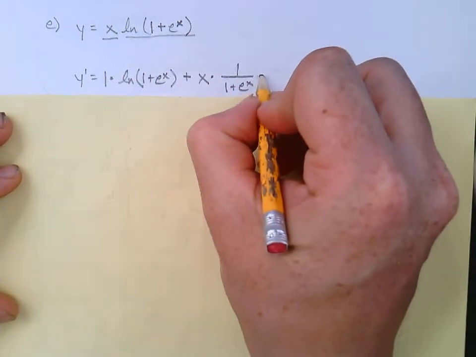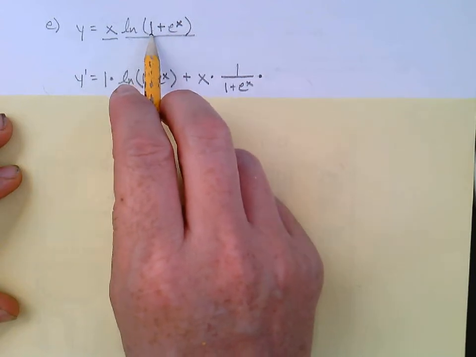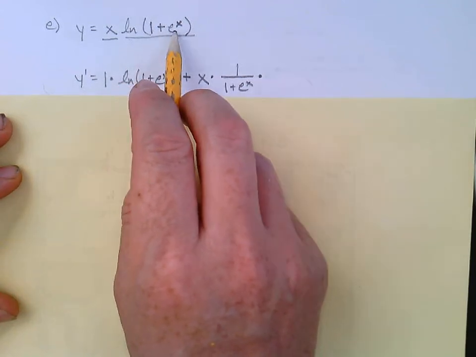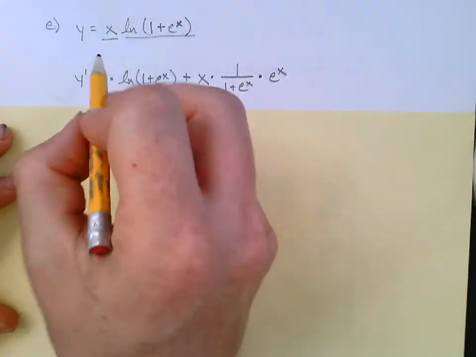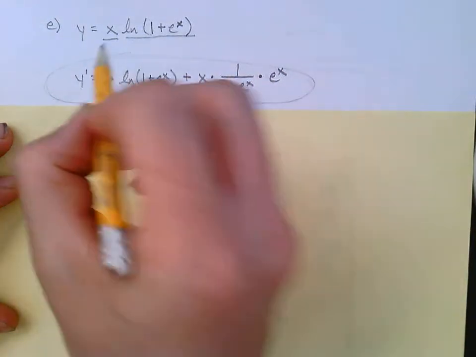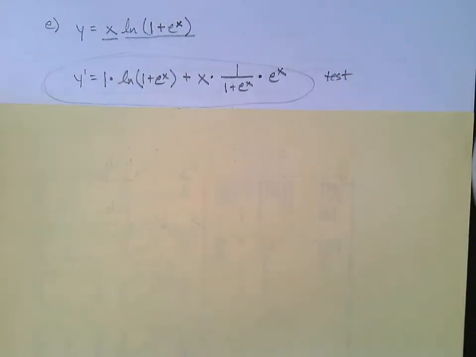All right, then we multiply. Now we think, okay, what's the derivative of the inside 1 plus e to the x? Well, the 1 is 0, and the derivative of e to the x is e to the x. So there's your derivative, and this would be the unsimplified version suitable for a test or a quiz.